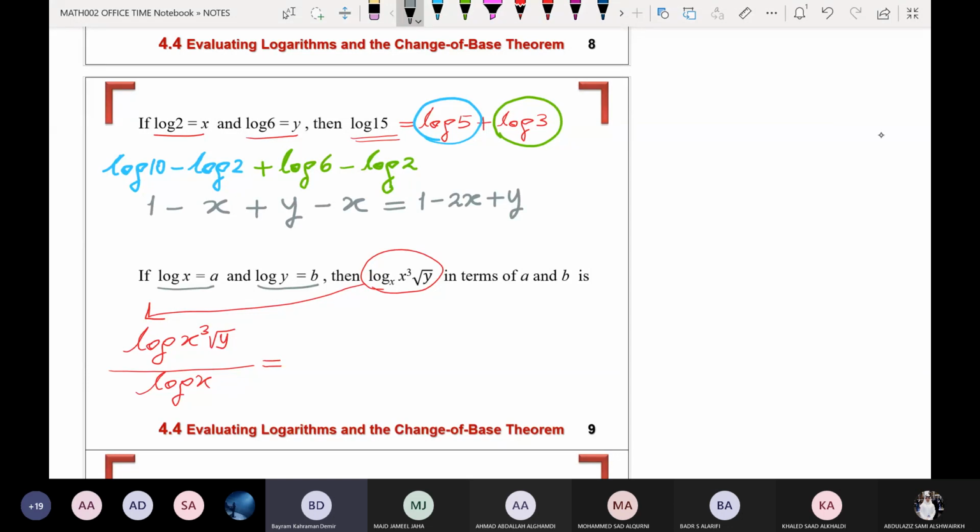Now we need to write it as logarithm 3 times logarithm of x plus half times logarithm of y, divided by logarithm of x.